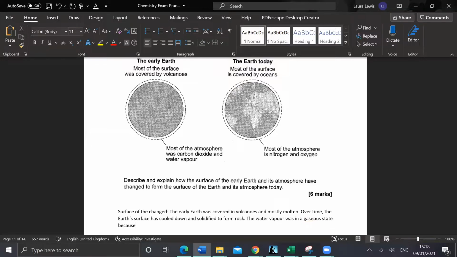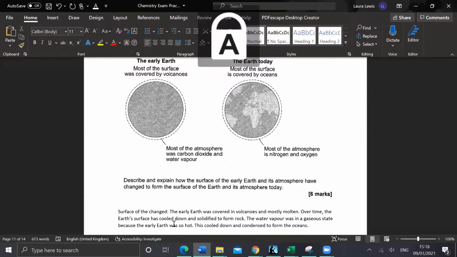Because the early Earth was so hot. This cooled down and condensed, a bit like when you put a kettle near a window and the window glass is colder, to form the oceans.